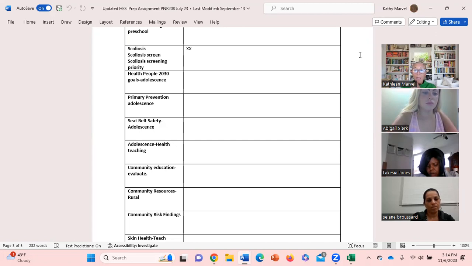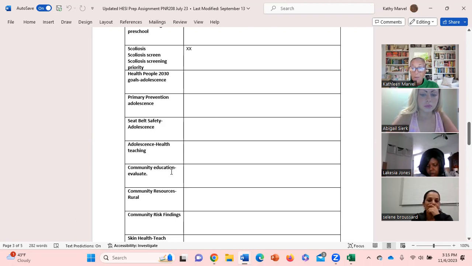Primary prevention with adolescents. Well, let's see. Adolescents are riding bikes, driving cars, right? Maybe we're teaching about seatbelt safety, or driving impaired, those kinds of things. Or here's one: seatbelt safety for adolescents, adolescent health teaching, community education, evaluating community education.